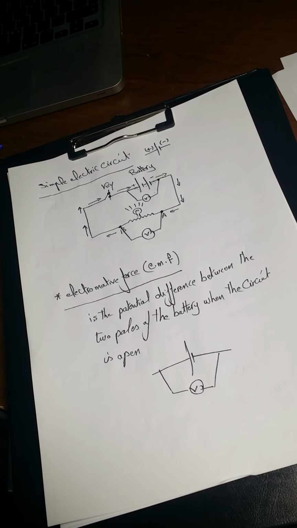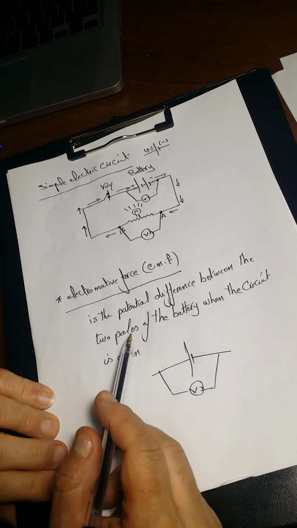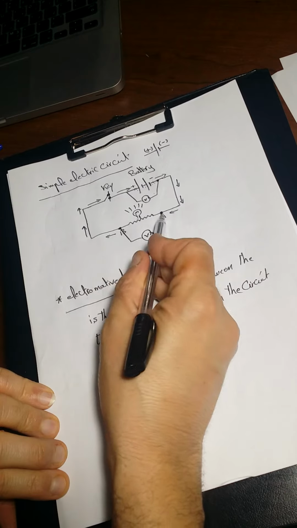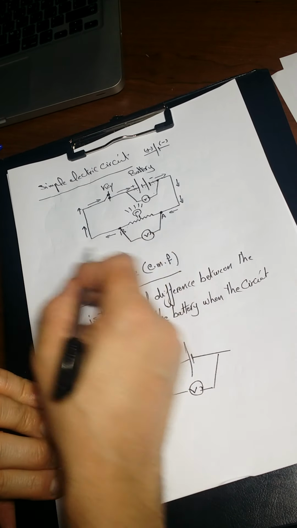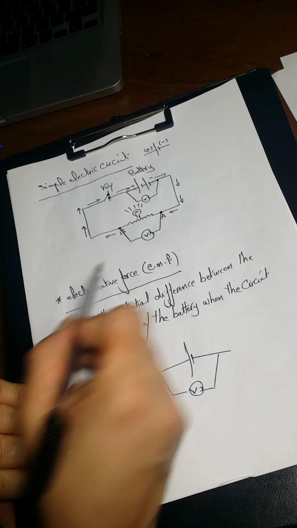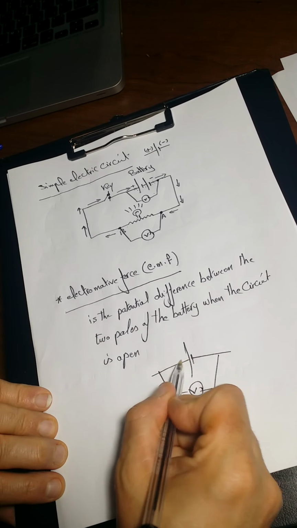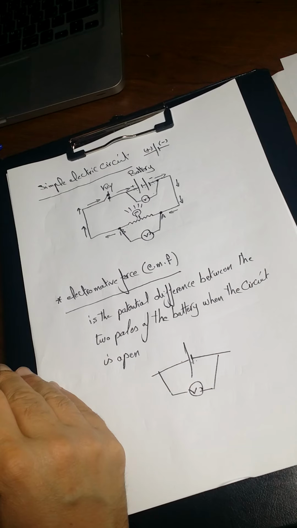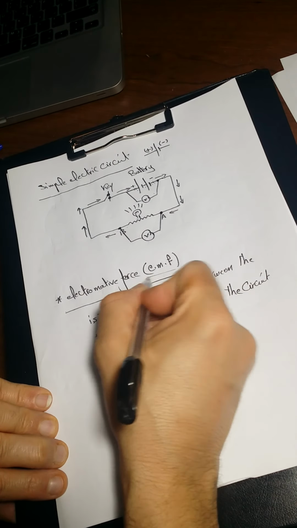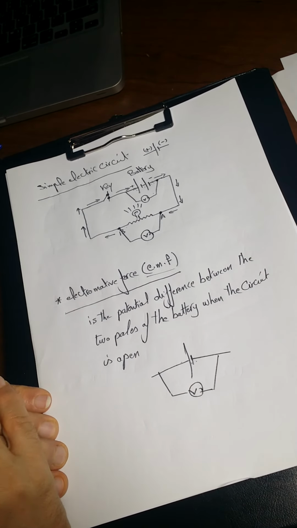So the voltmeter is used to measure what? The voltmeter is used to measure the potential difference between 2 points in any simple electric circuit, or used to measure the potential difference between the two poles of the battery when the circuit is open. We call it what? The electromotive force.